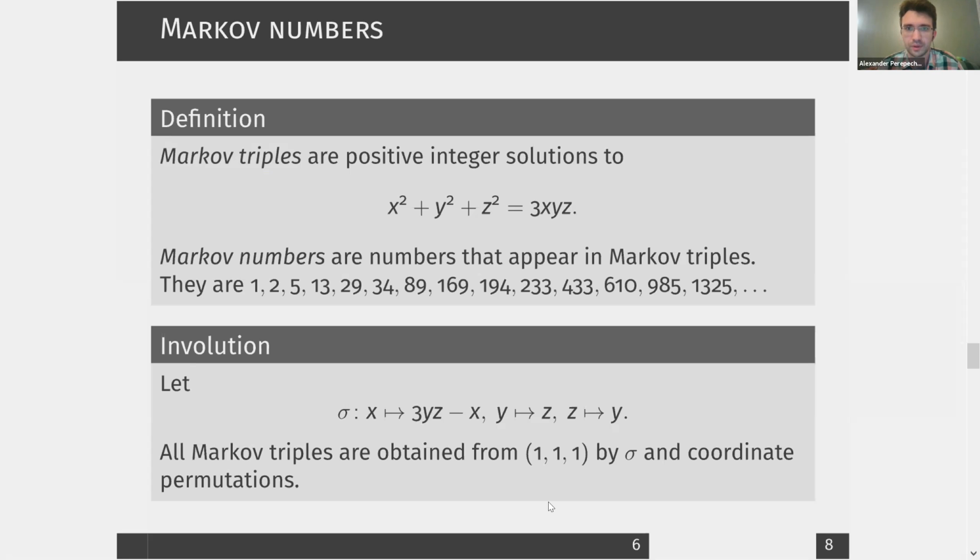Why is that? If we take x squared and send it to the right part, we get x times (3yz minus x). And permutation changes the terms of the product. That's all.